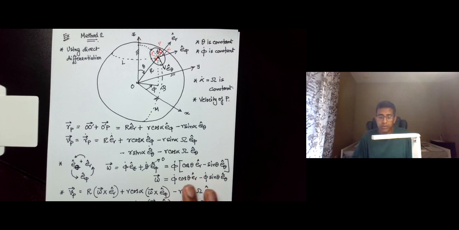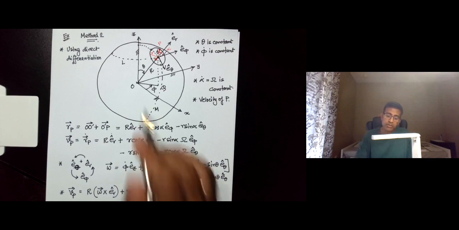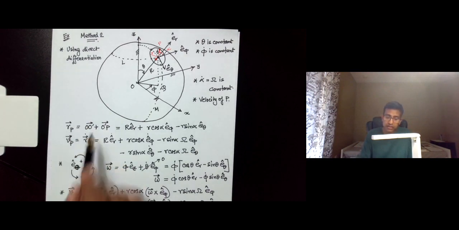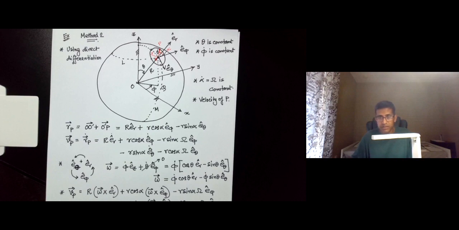In this problem, fortunately, that fixed point was already available to us because we were using a spherical coordinate frame to represent the gyroscope, and the origin of the sphere was already available to us as a fixed point, and so we used that to express the position vector of P, and then we differentiated it.